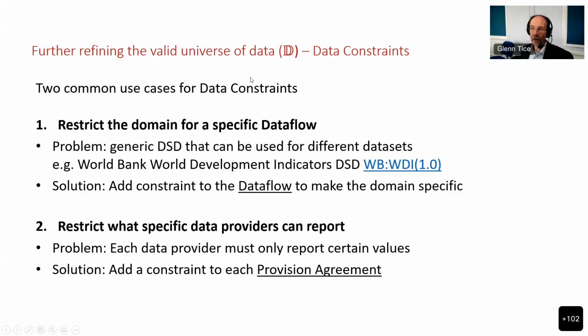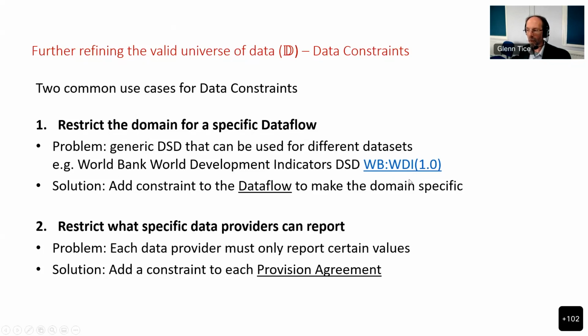So there are two common use cases for these data constraints. The first, as we pointed out earlier, is restricting the domain for a specific data flow. An example is the World Bank's World Development Indicators data structure definition. This is a data structure definition which is common to a number of different data sets published by the World Bank for health, education, and other socio-economic statistics.